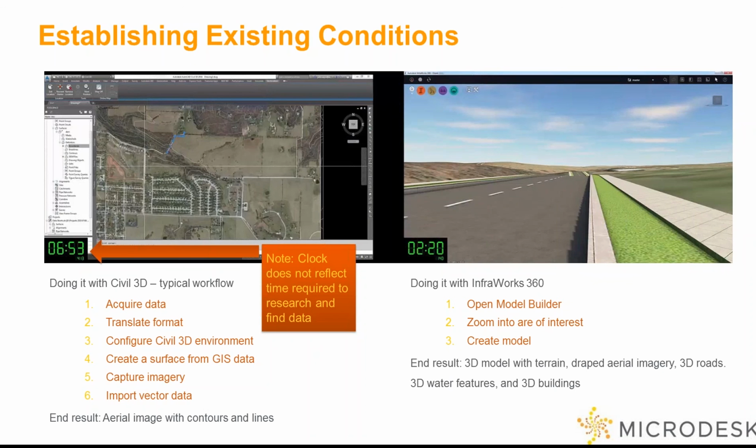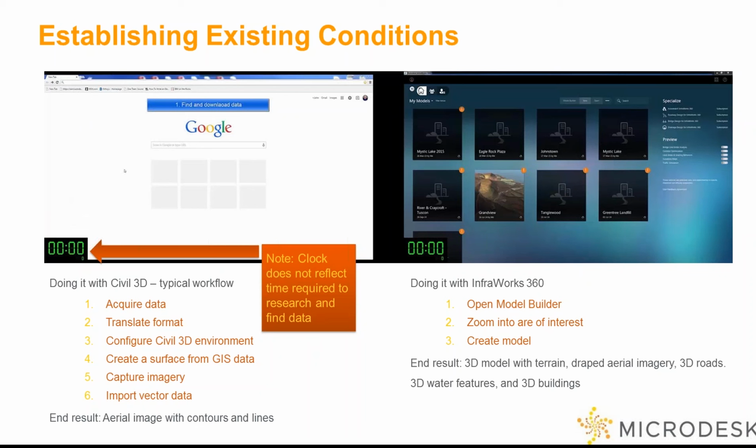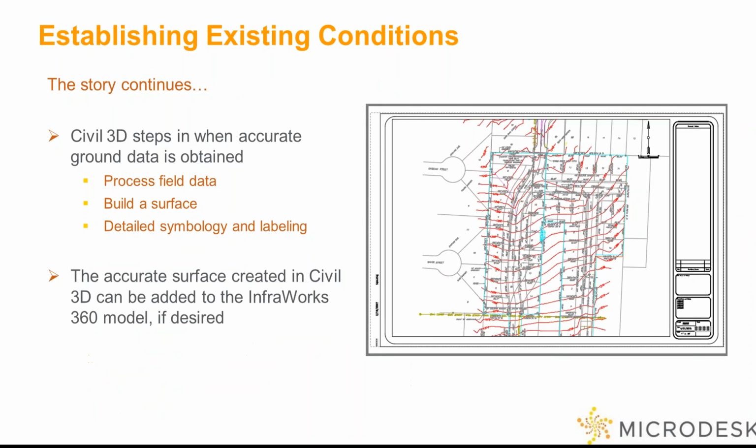So again, we're not really saying that Civil 3D is bad. Civil 3D is great for all the things it does. But for this initial development of the existing conditions, obviously InfraWorks is able to process and obtain that information a lot quicker, and it doesn't have to do all the research and be subject to what you're able to find at that point in time.